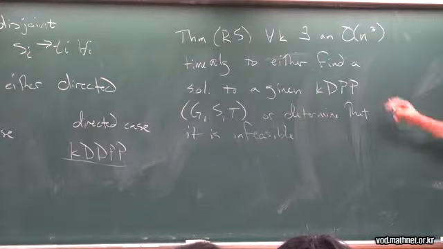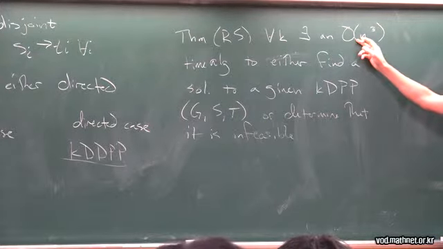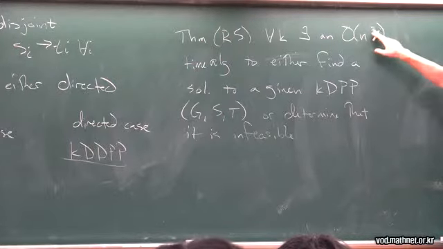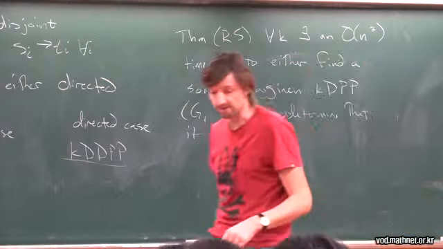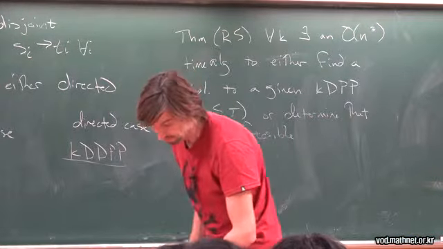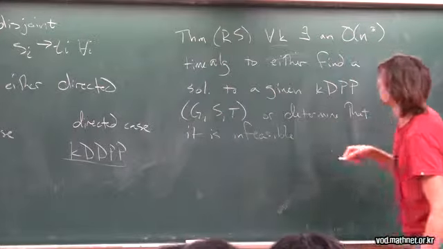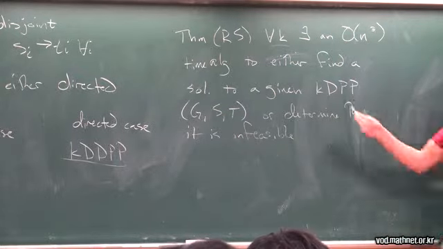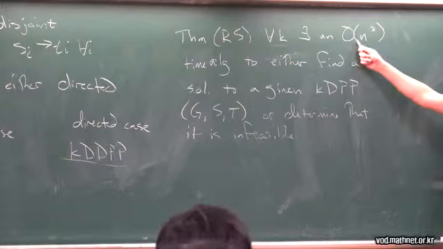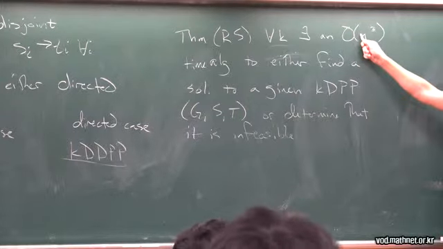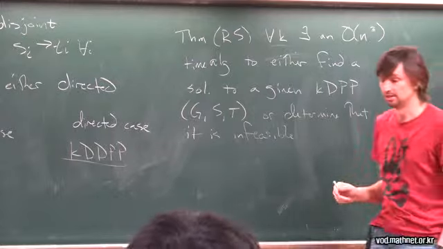Right. So n here is just the number of vertices in G, and this, I should note, was later improved to n squared by Kawarabayashi and Reed. But it's important to note that the problem requires k to be fixed here. So in reality, if you look at the running time of this algorithm, there's a function f of k hiding in the front here, which is super exponential.